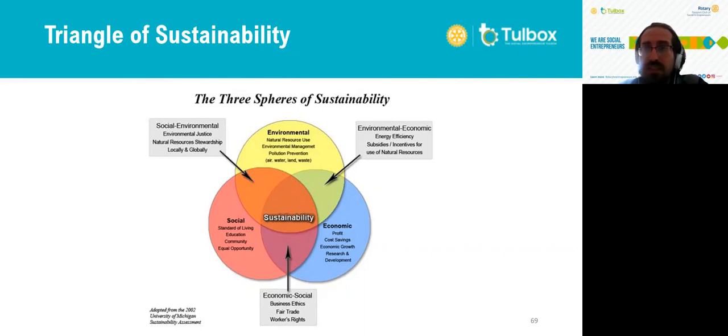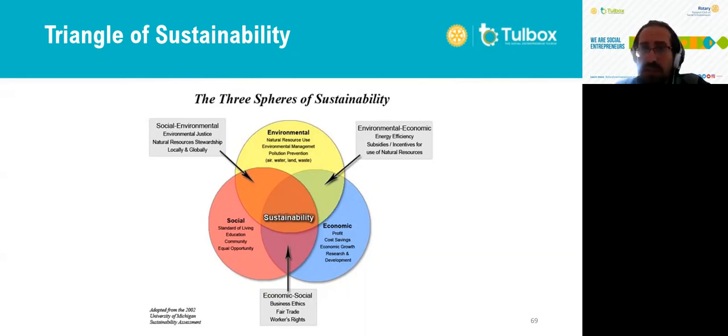So this graph helps us, for example, to design our processes and activities considering sustainability with a multidimensional approach.